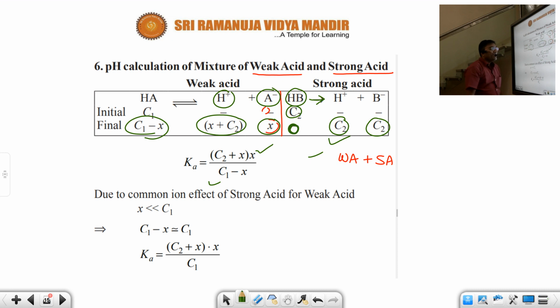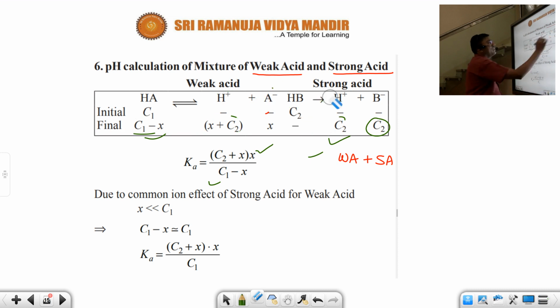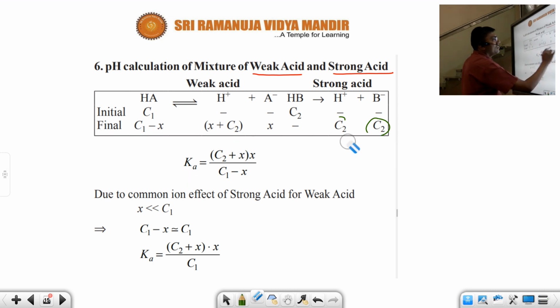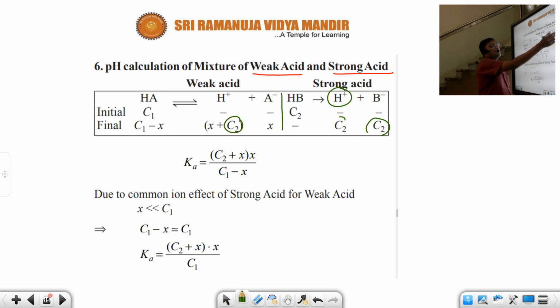Students, have a look here. Very, very important. Just try to understand what is happening here. Mind you, students, there is a common ion effect. Here you got the H plus ion concentration, and here the H plus ion concentration is C2. So there is a common ion.